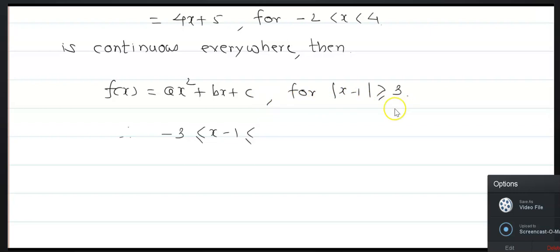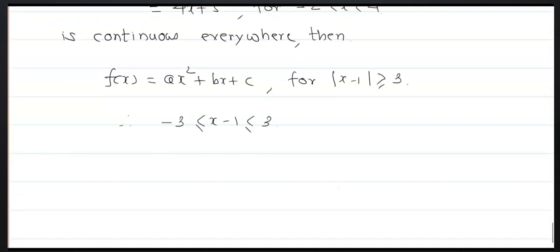Now this is very important and interesting. Here is mod of x minus 1 which is greater than or equal to 3. If we withdraw the mod sign, then you will get plus or minus of this quantity. Therefore, minus 3 is less than or equal to x minus 1, which is less than or equal to 3.